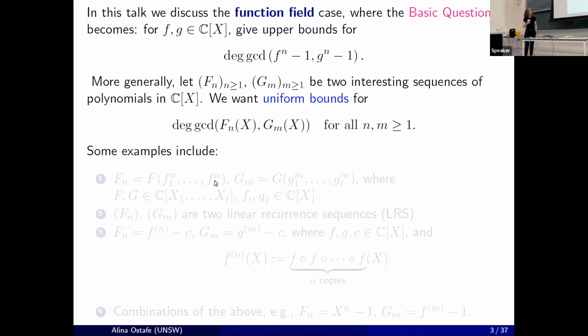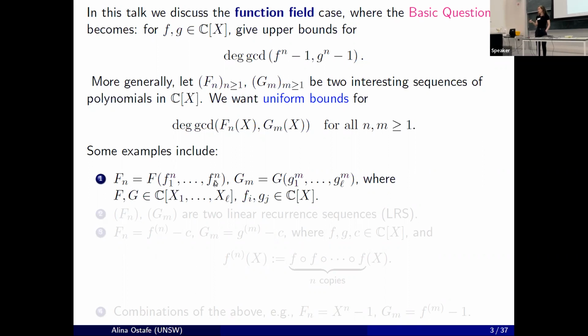Some examples include, for example, take capital F and capital G to be multivariate polynomials and specialize them at powers of univariate polynomials, where all the polynomials are over C. If F and G are linear forms, then again, these are two linear recurrent sequences.